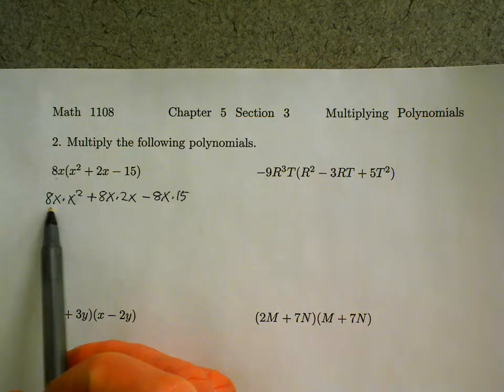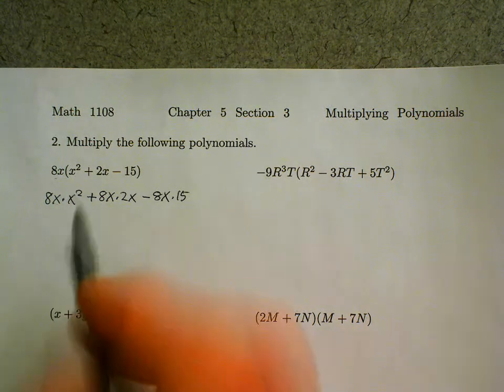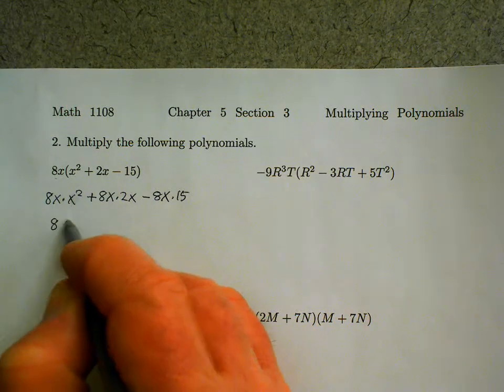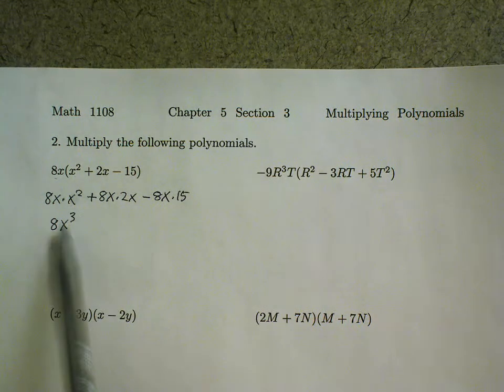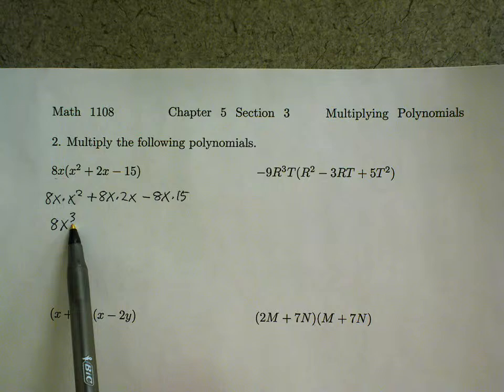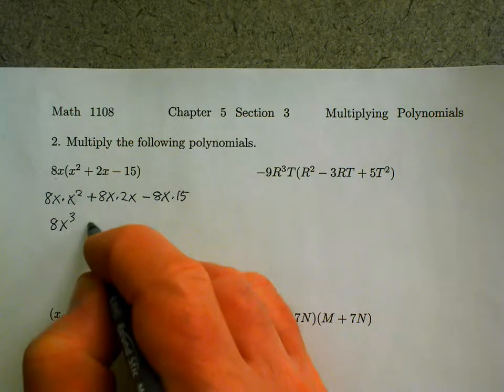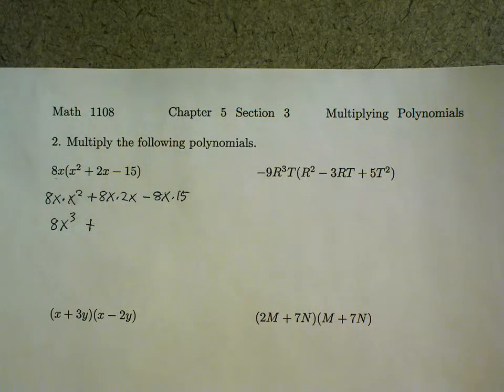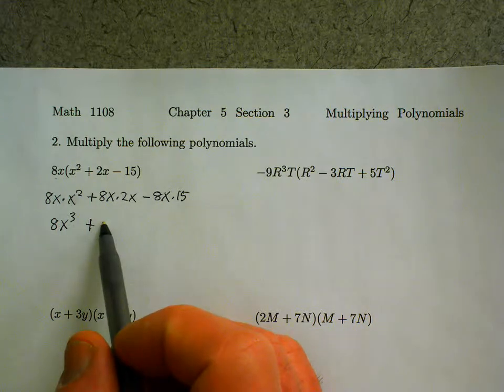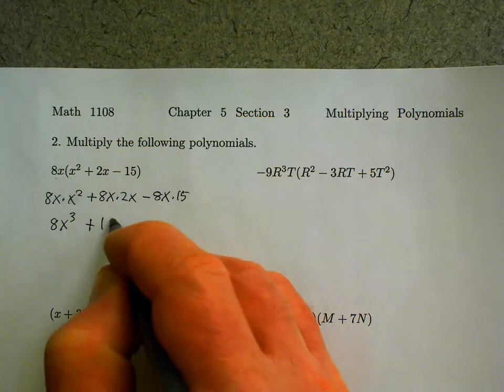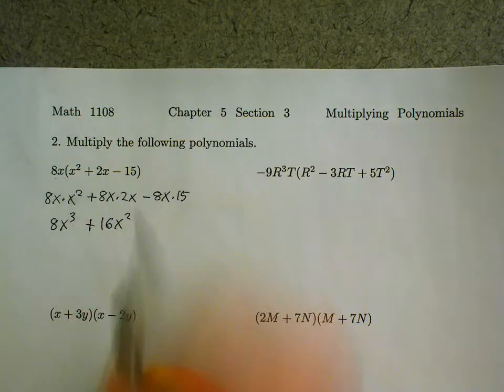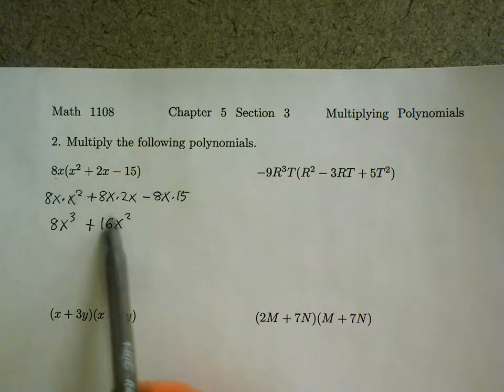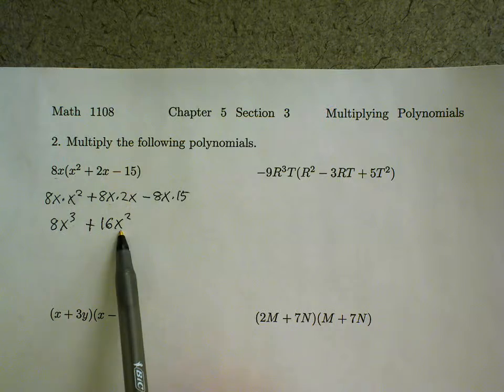And 8x times x to the second, that's 8x to the third, because x times x to the second is x to the third. And then we're adding 8x times 2x. And this one is 16x to the second, because 8 times 2 is 16, and x times x is x to the second.